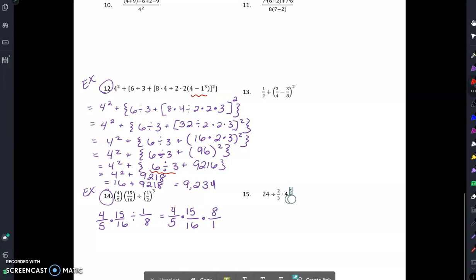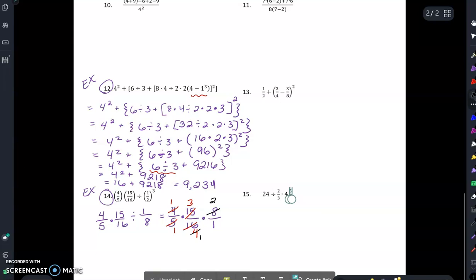So I can go in any direction, it doesn't matter. It's easy for me to do 4 into 4 is 1, 4 into 16 is 4, 5 into 5 is 1, 5 into 15 is 3. Then I can't use the 16 again, but the 4 isn't crossed out, so I can do the 4 with the 8. 4 into 4 is 1, 4 into 8 is 2.